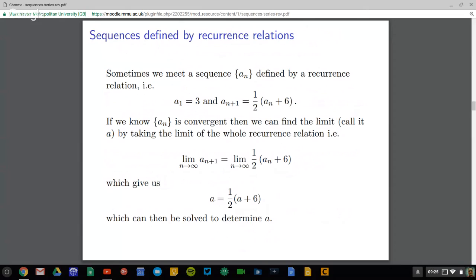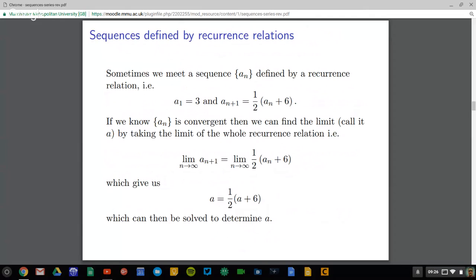So its limit by the algebra of limits theorem will just be that same linear combination of the limit a. So you get an equation in terms of a, which can then be solved to give the value of the limit. This particular equation is just a linear polynomial, so it has a unique solution. a is equal to half of a plus a constant, which is 6, isn't it? Is that right? No.